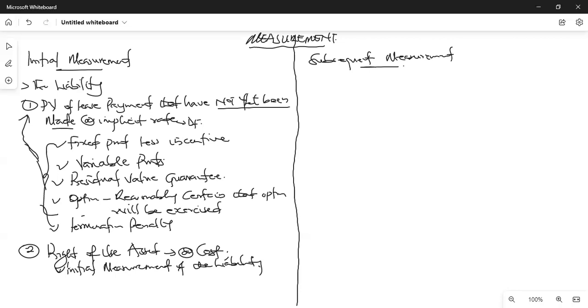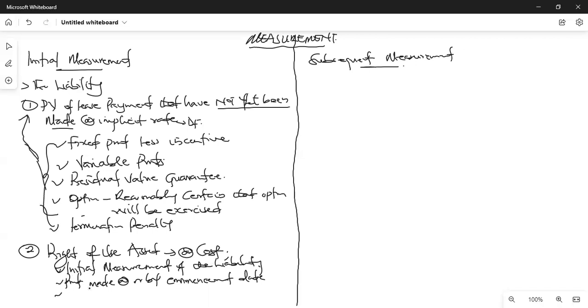Now, any lease payment that is made at or before the commencement date is also part of the cost of the asset. That is why we made that payment.